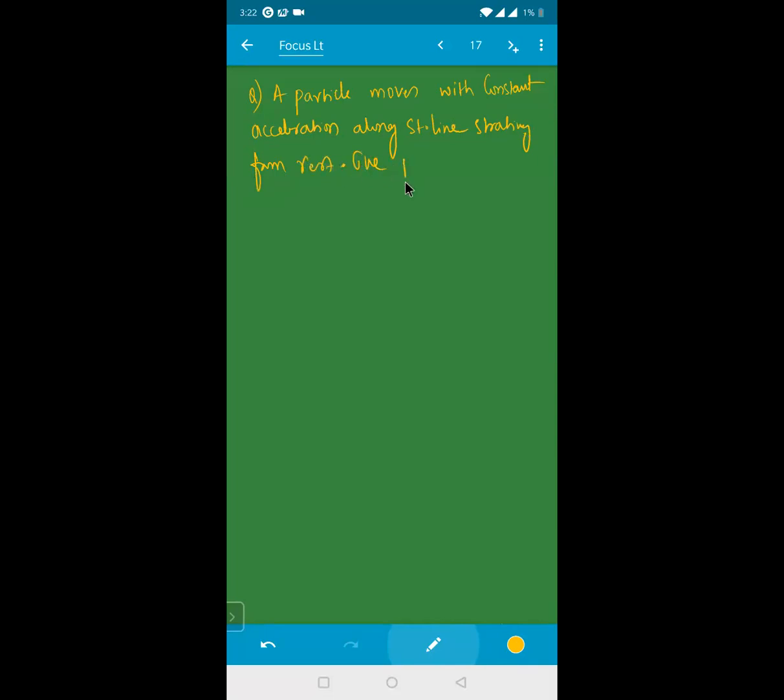The percentage increase in its displacement during the fourth second compared to that in the third second is.